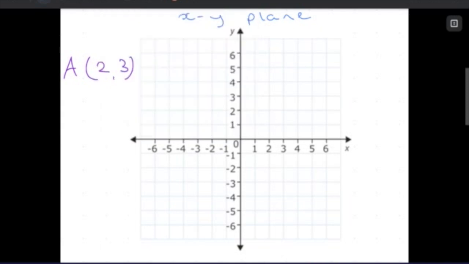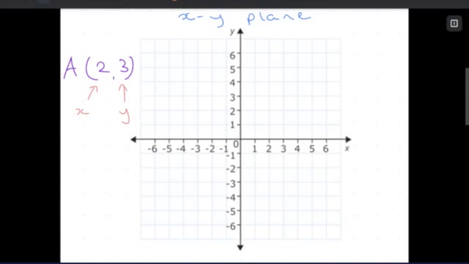What is customary in Cartesian coordinates is that the first number tells me how far along in the horizontal direction I'm going to be. So this is pretty much our x coordinate. And here is my y coordinate, how far up my point is.